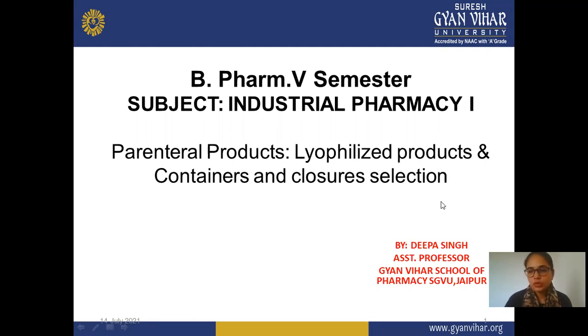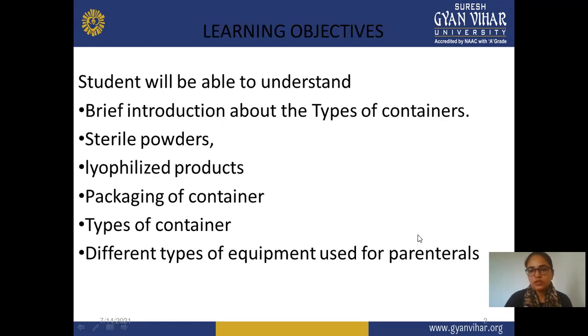Before starting this lecture, you should know about the basic learning objectives. In this, you should know a brief introduction about the types of the container, means what are the different containers available for parenteral products for manufacturing of a parenteral product. The sterile powder, what is a sterile powder, lyophilized product, and packaging container, these types of formulation you should know.